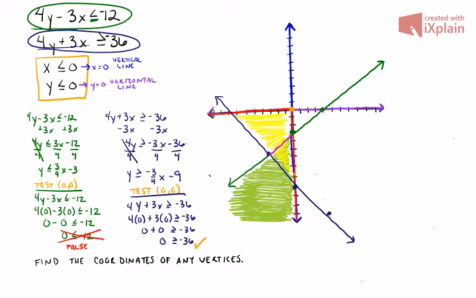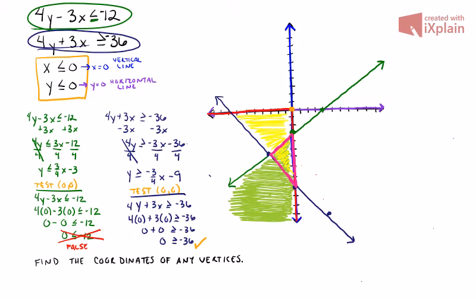So here's a boundary, and then here's that other boundary. So I've created this triangle. And again, I see my green and my yellow are overlapping, and my 2 inequalities for x is less than or equal to 0 and y is less than or equal to 0 are all going to be living in the third quadrant.